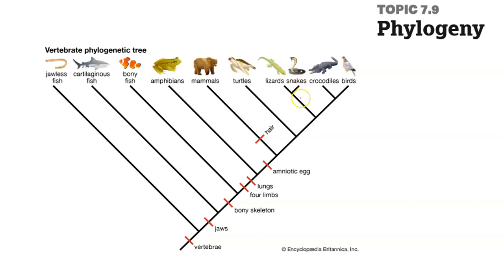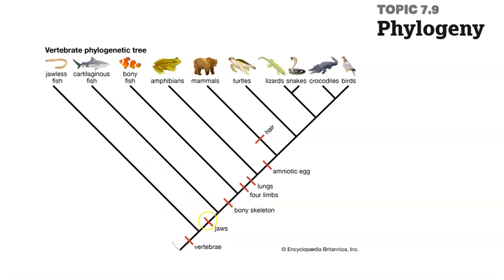I have a large cladogram here, or phylogenetic tree. It's showing these traits, right? Each of these marks shows where traits were acquired. So in other words, you have pre-vertebrate species, right? Of course, there's a branch over here that could show invertebrates, but right here, species acquired a vertebrae. This means that they have a spine, right? Jawless fish, cartilaginous fish, bony fish, all of these have vertebrae, right?